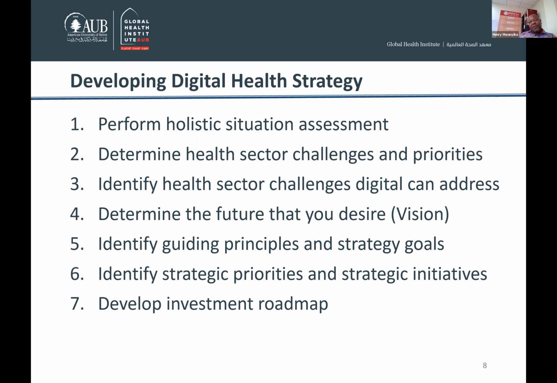And as I said before, one of the pillars is all about the investment roadmap. So once you have your strategy, then you need to start developing, in the old days, we used to call it implementation plan. But now we're using more the investment roadmap because it provides a sequence of where you want to invest based on your priorities.